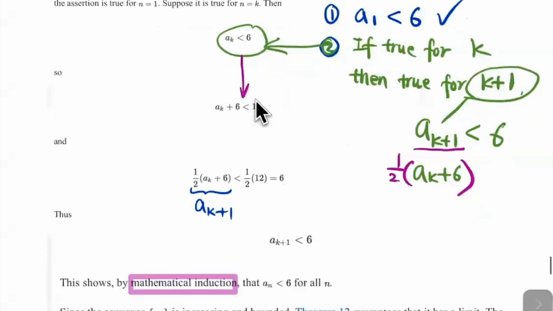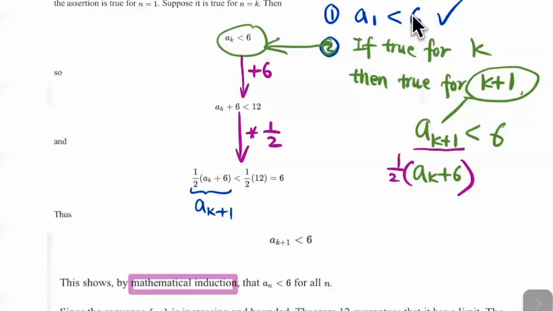Now to build toward this end, what do I need to do? The next step. Yeah, you add 6 here, and then you multiply by 1/2 on both sides, right? Then you will end up with a of k plus 1 on this side, and that will also be less than 6. So I just proved that if this is true for k, then it's true for k plus 1.